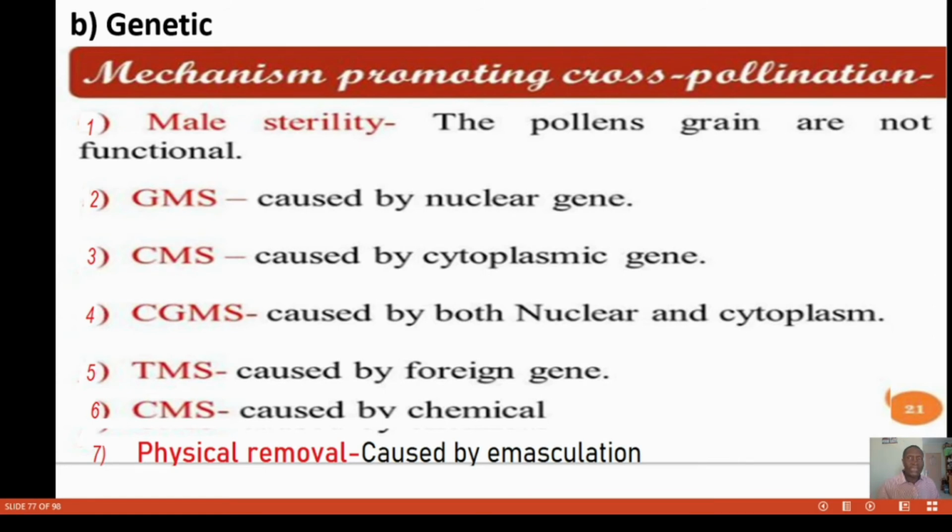So when we come to genetic, we have various mechanisms that promote cross-pollination, and they are listed here, about 6, but I have put there the physical removal, which plant breeders undertake to either remove the tassels to make the plant female by leaving the one where the silk is to allow for cross-pollination, or removing the silk, the female part, to leave the tassels.